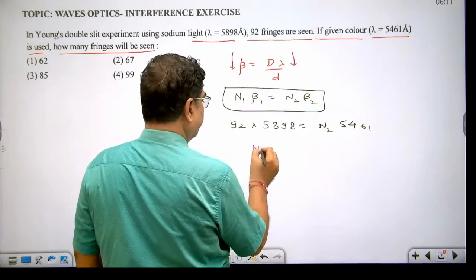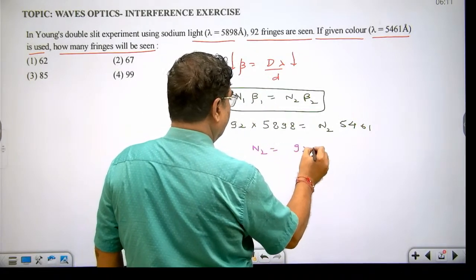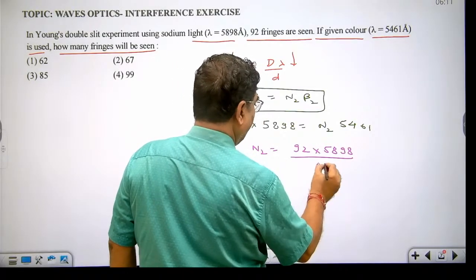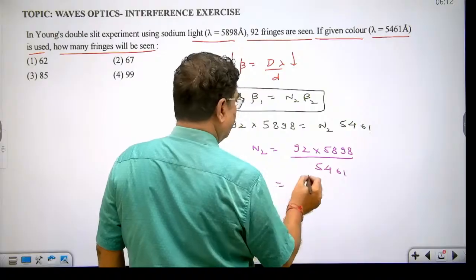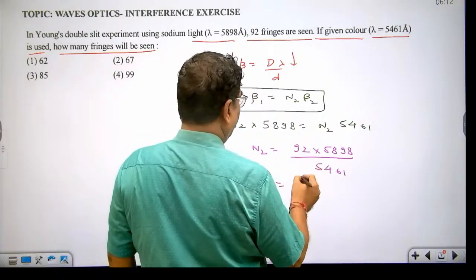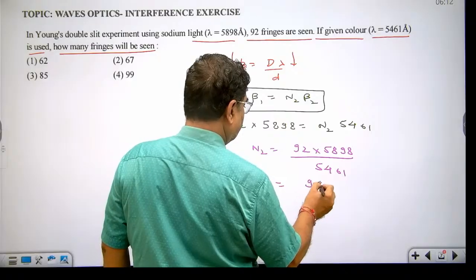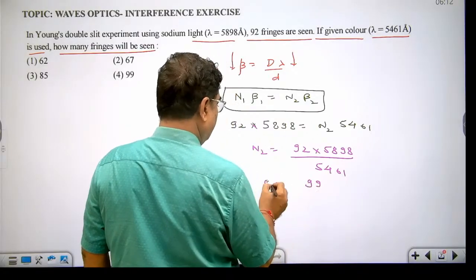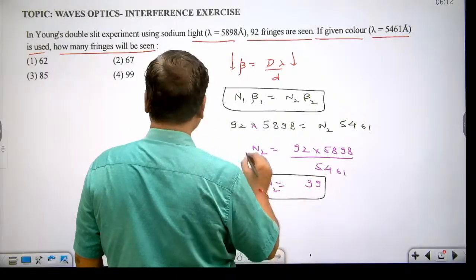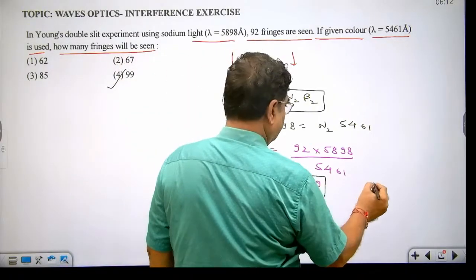If we solve this equation, 92 into 5898 divided by 5461, this will definitely be more than 92. So this is 99. Out of 4 choices, option 4 is the correct answer.